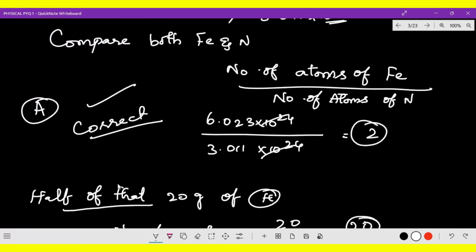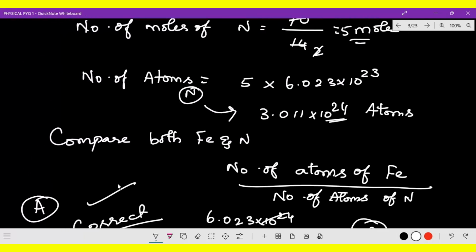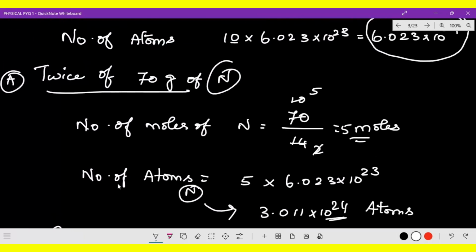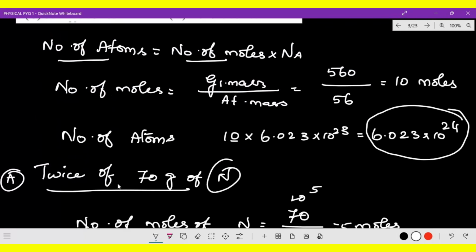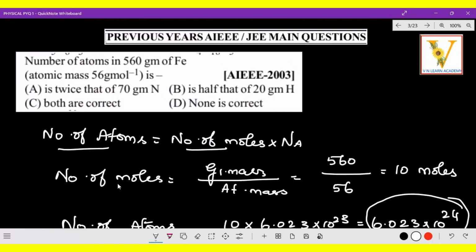Is it that multiple answers are available? Now, what is that C answer? C answer is both we have read, right? So that means here, yeah, C. I'll make it black. So here, what is it? Twice that of 70 grams of nitrogen and half of that of 20 grams. So both are correct. So this is option C, both are correct.